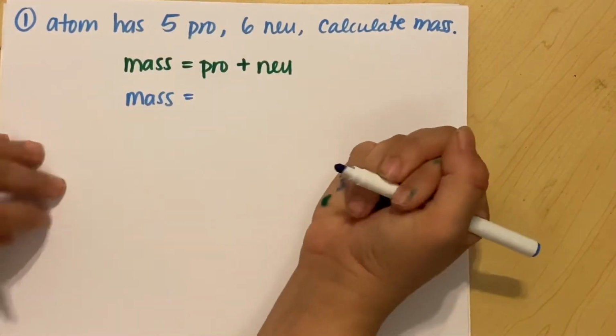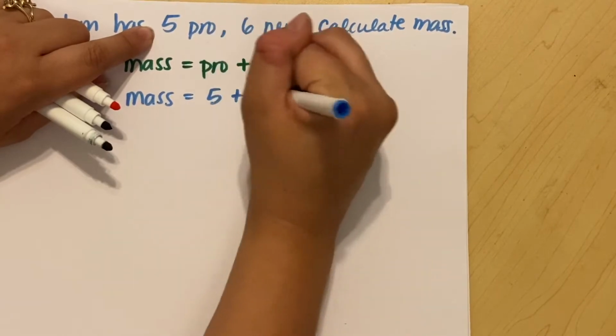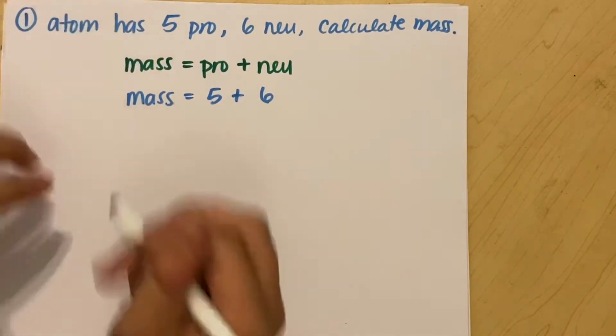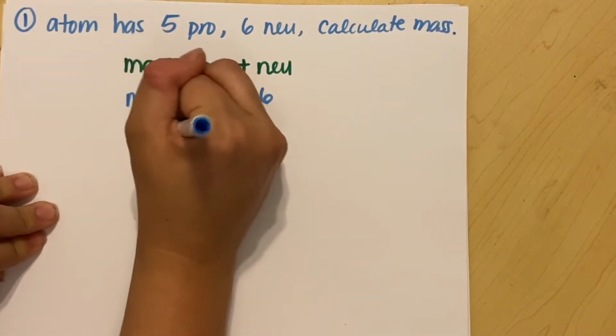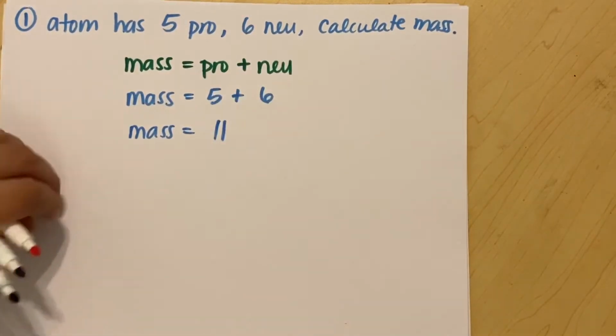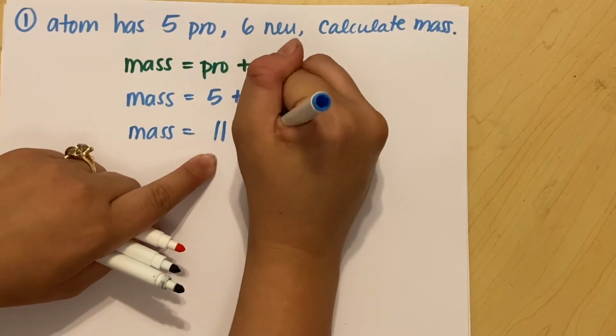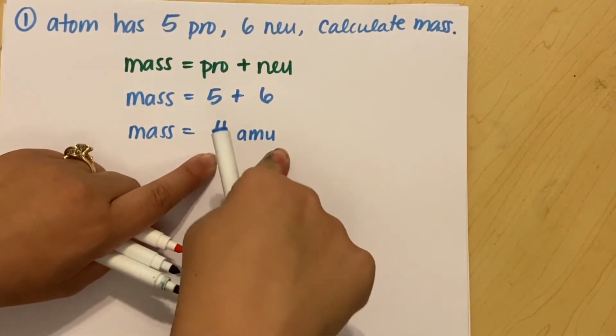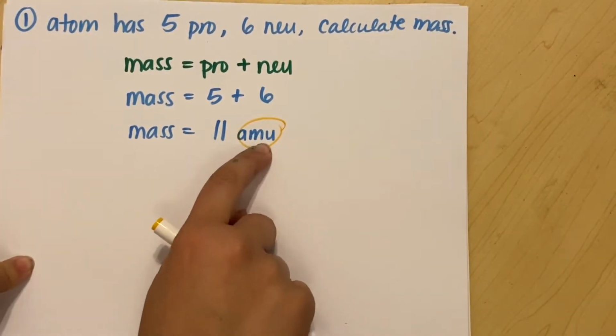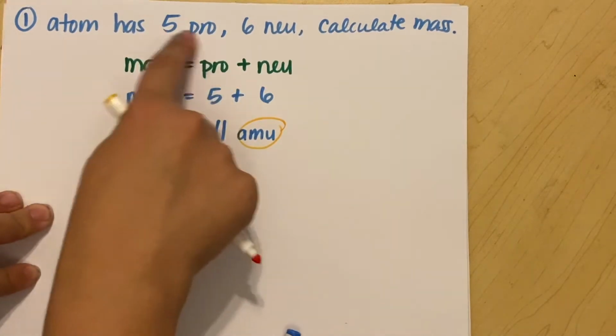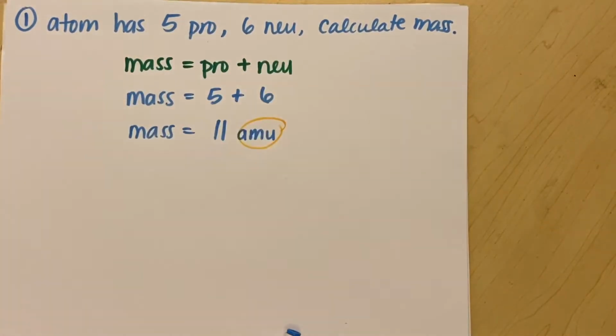So your mass of this atom is going to be 5 protons plus 6 neutrons. Again, the easiest type of question you could have. So your mass is going to be 11, and your unit should be AMU, atomic mass units. It's just a unit that we use when talking about the mass of protons and neutrons.